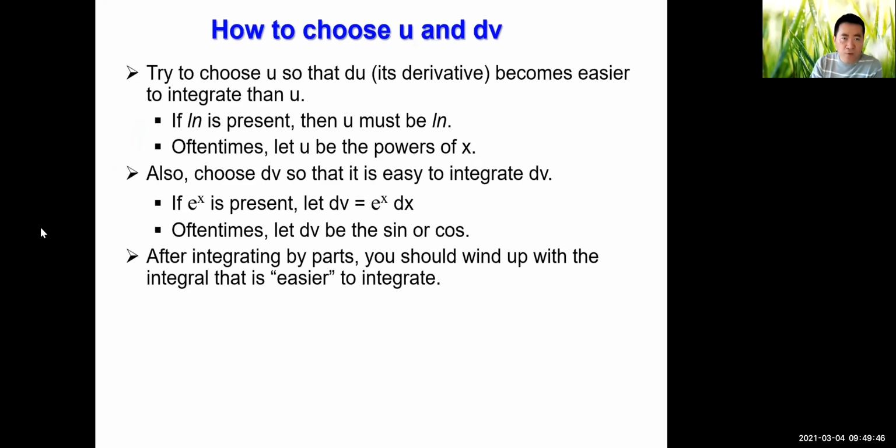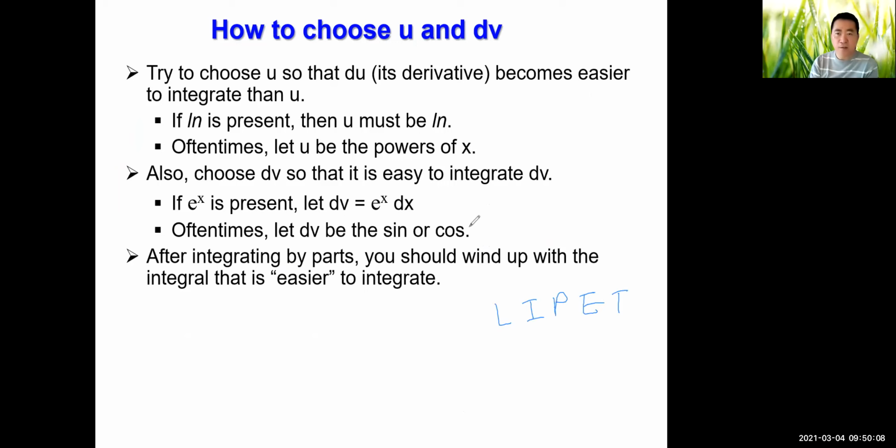Now, let me give you a quick guideline on how to choose U and dV. I gave you the list, but I didn't explain why we choose log, then inverse trig, then polynomial, exponential, and trig in that order.